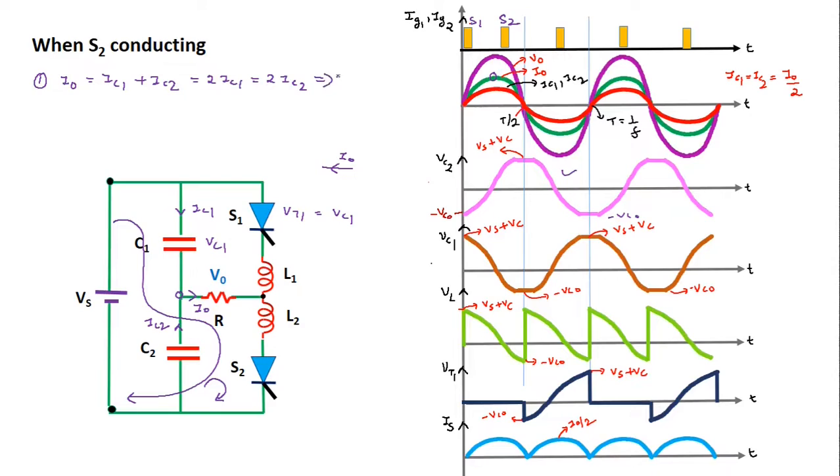So from here we can write IC1 is equal to IC2 is equal to load current I0 by 2. So the waveform of the capacitor 1 current and capacitor 2 current will be half of the waveform of this load current. This red waveform shows the capacitor 1 current and capacitor 2 current waveform.